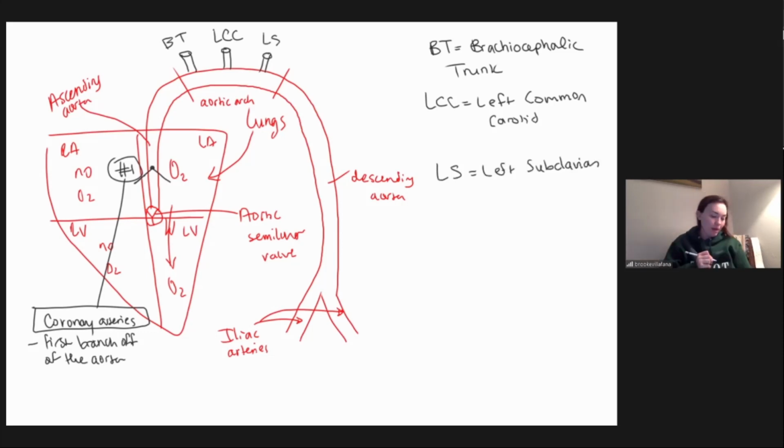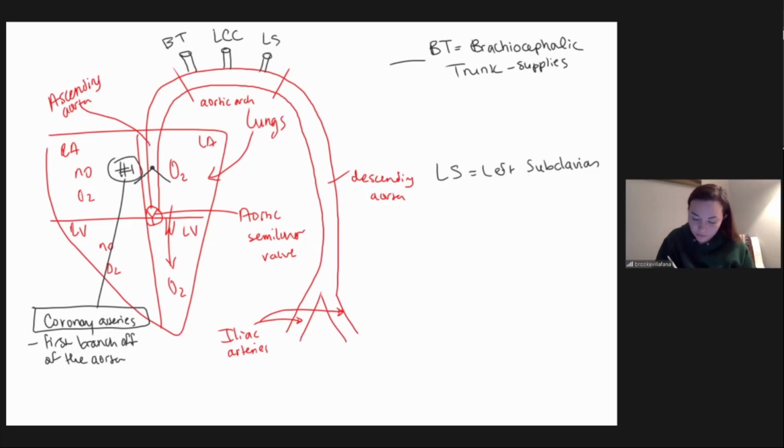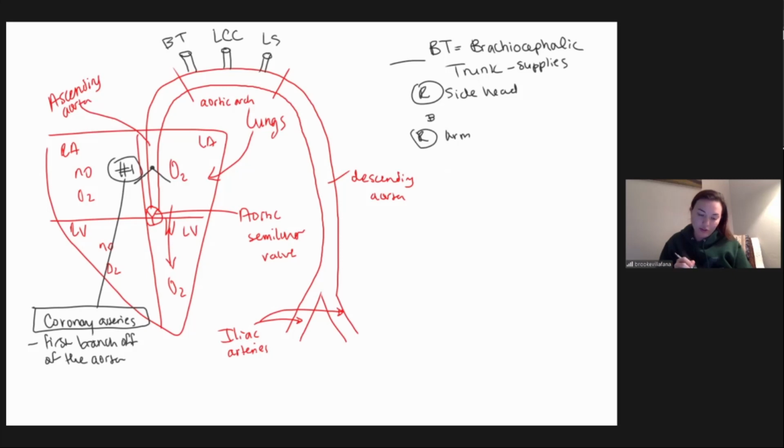Okay, so the brachiocephalic trunk is going to be supplying the right side of the head and the right arm. And this is because the brachiocephalic trunk is actually going to branch as well.